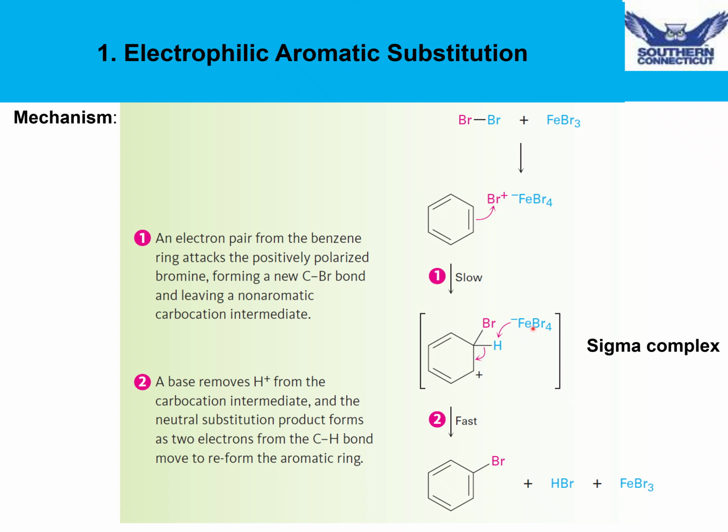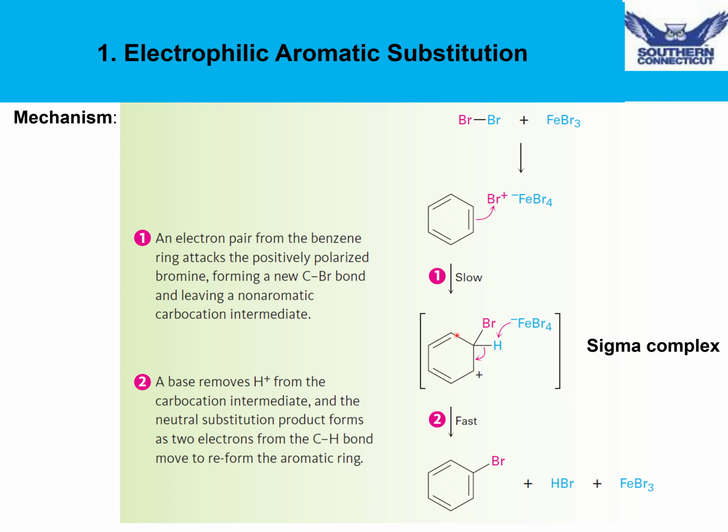In the last step, either this intermediate or Br negative will remove a hydrogen from the same carbon where the bromine attached. That would lead to reforming the double bond and therefore reforming the aromatic ring. So overall, we have done a substitution reaction where a hydrogen is replaced by a halogen.